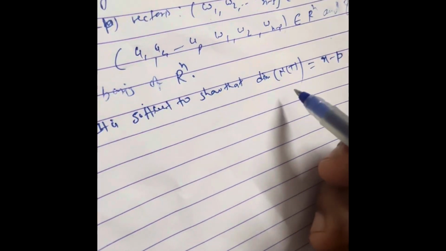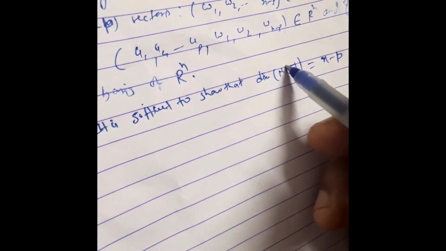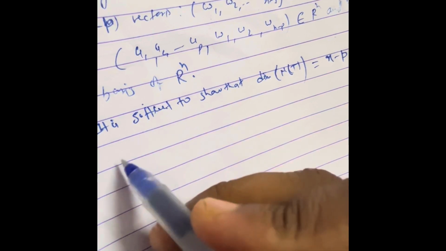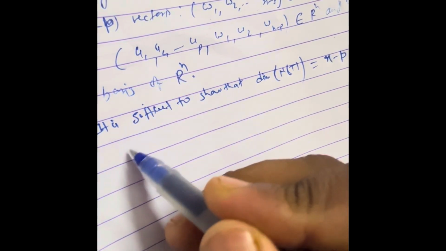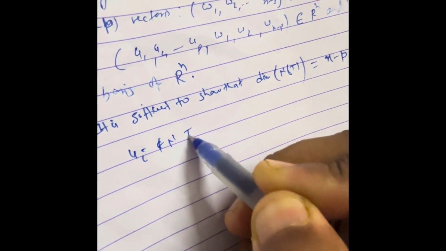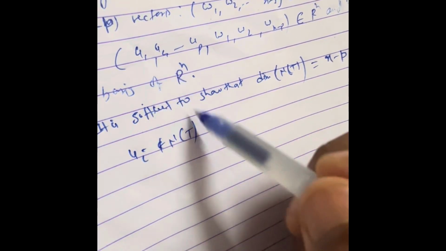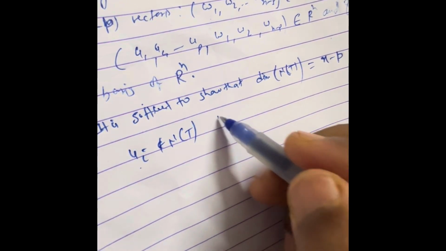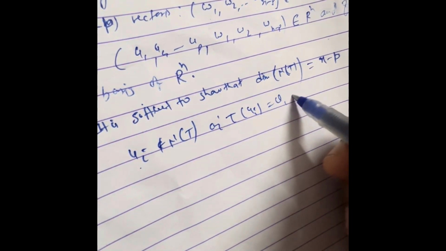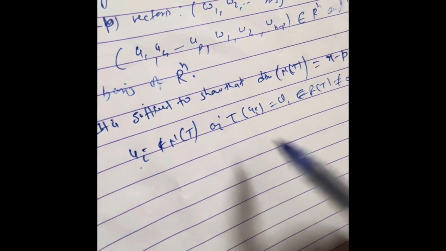So clearly ui does not belong to N(T), because T of ui is vi, which is in the range of T and non-zero. Okay, so this is not there.